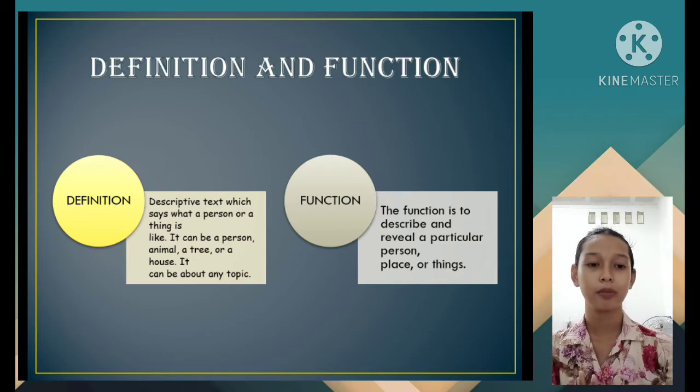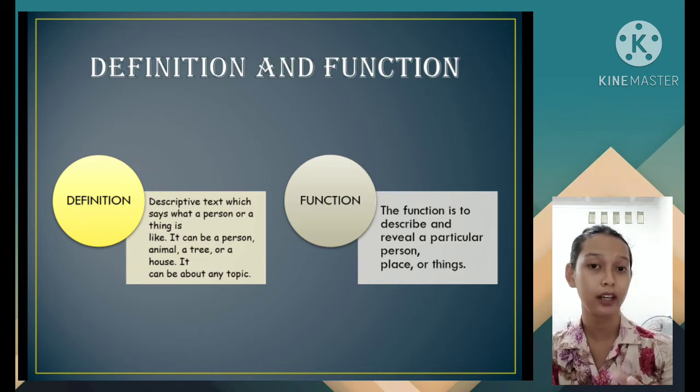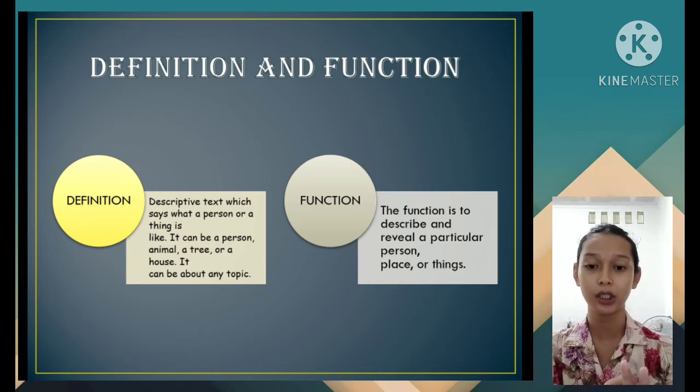So, descriptive text contains a paragraph which gives an illustration about an object to the readers vividly and in detail, so the reader can see and feel by themselves what the writer described.